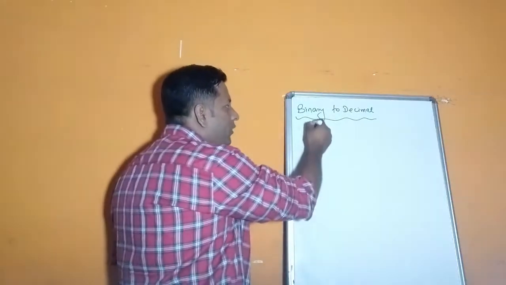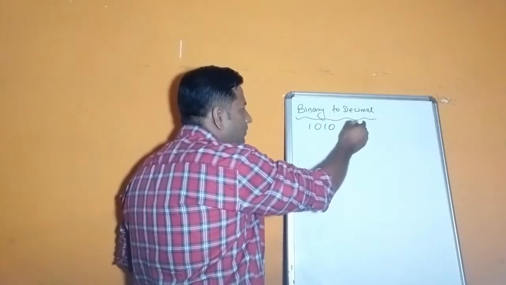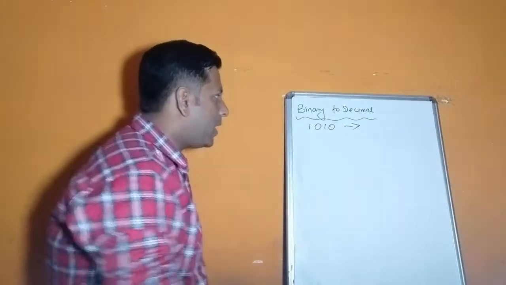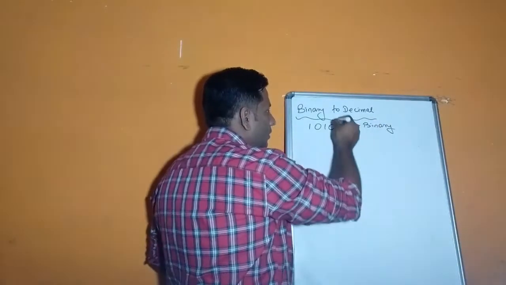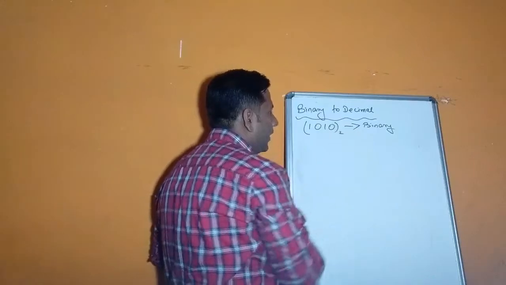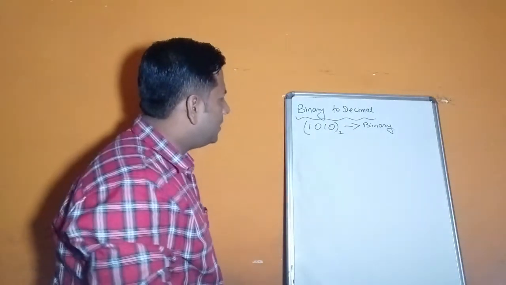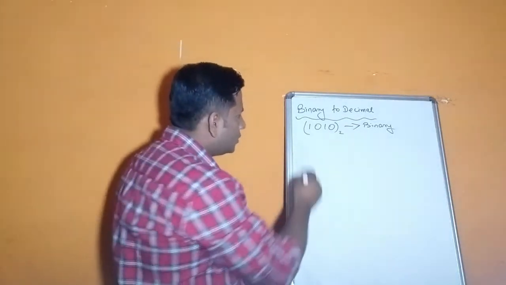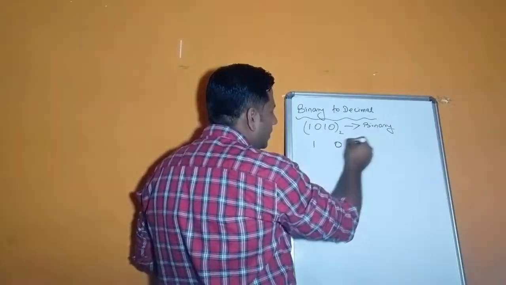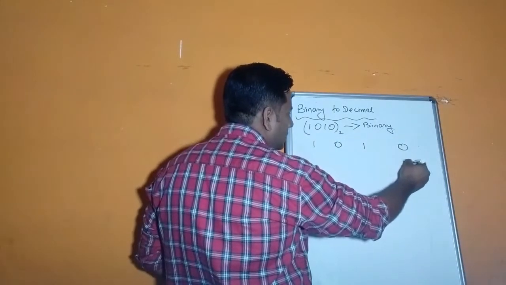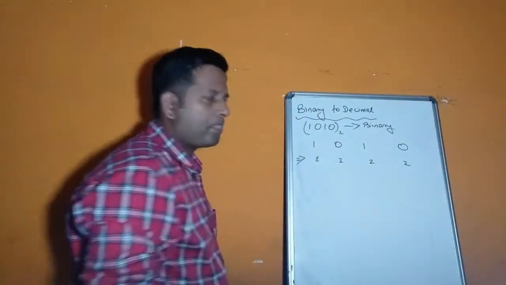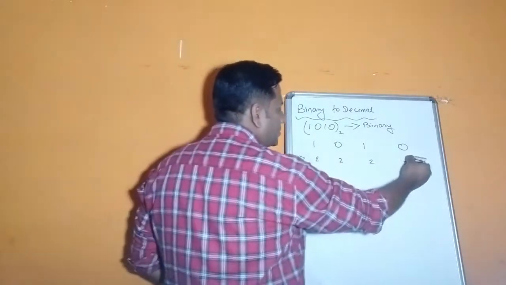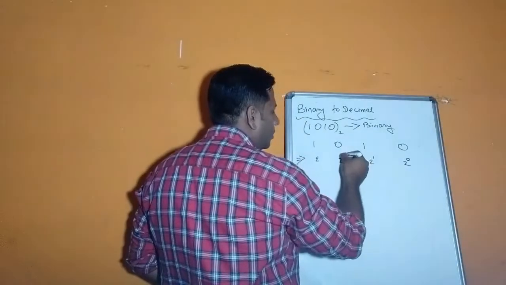Say the binary number we take is 1010. This is the binary part, radix 2. So let us convert to the decimal part. First we'll separate the binary digits and place 2 below each. Now we'll start the power from this direction: 0, 1, 2, 3.